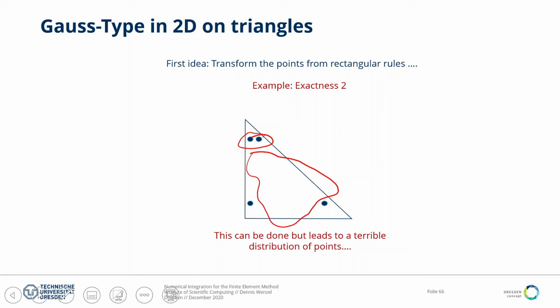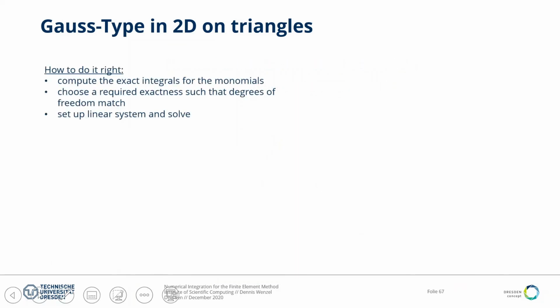But what else can we do? Well, what we do is, instead of taking the actual Gaussian quadrature rules we know from 1D, we only take the approach that was used to compute them. So instead of trying to somehow in a weird way transform the points from rectangles to triangles, we say, okay, what did we do in 1D when we derived those optimal quadrature rules?